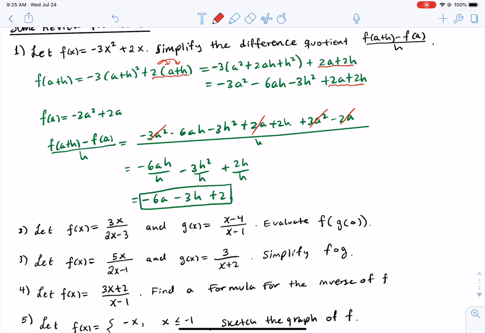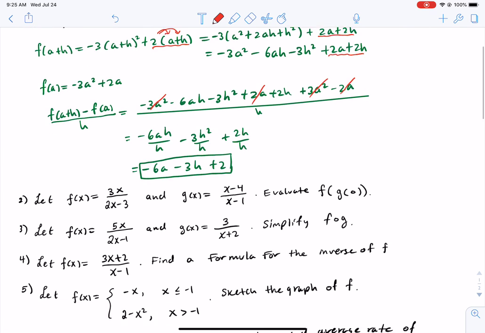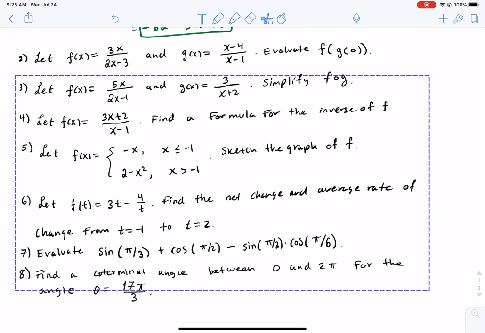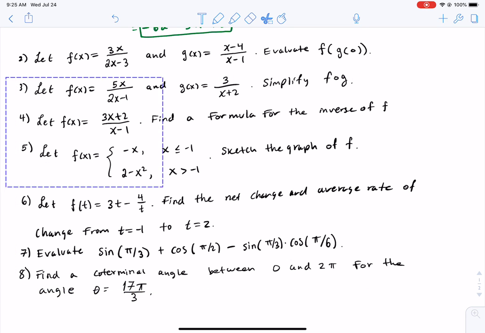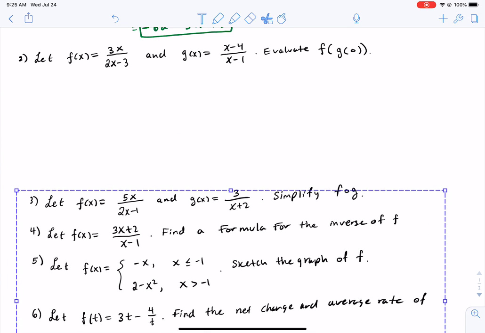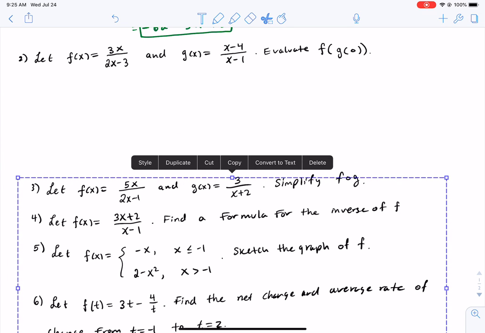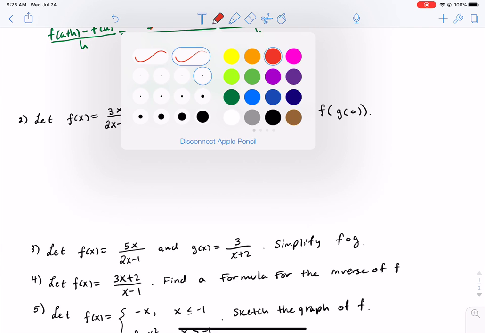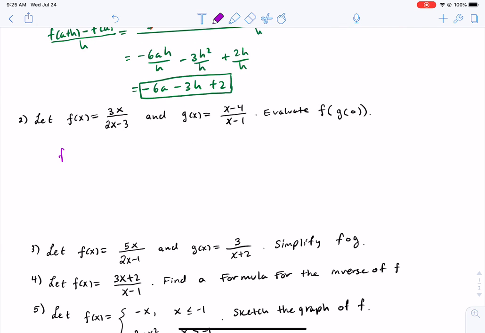Right, so let's move on to number 2. For number 2, this is what we are being asked. You're given f of x and g of x, and you're asked to compute f of g of 0.